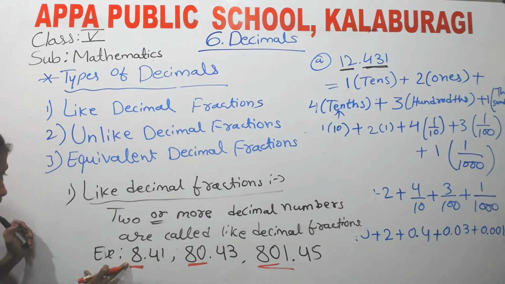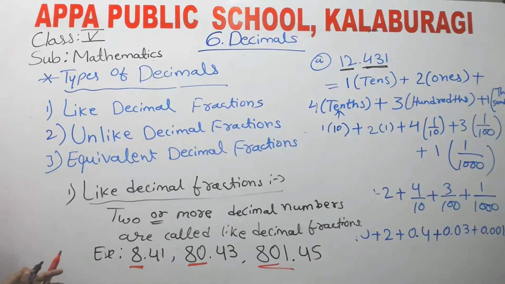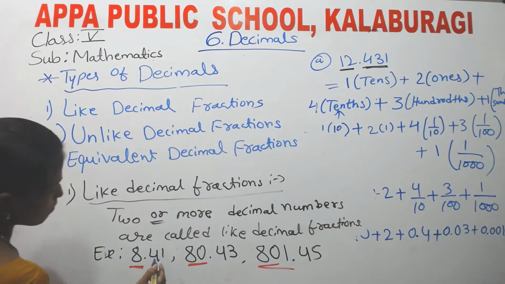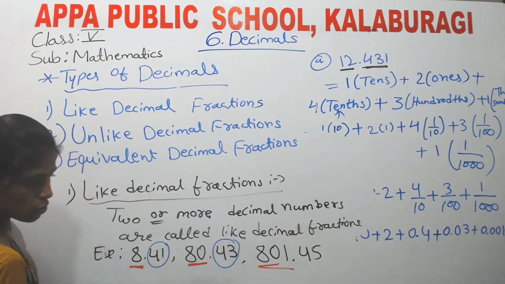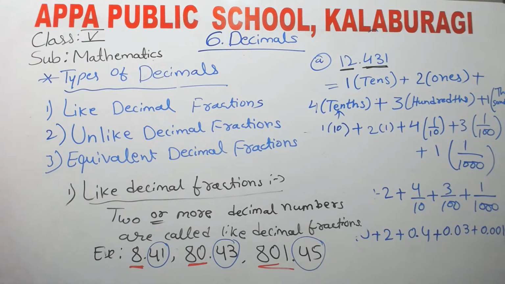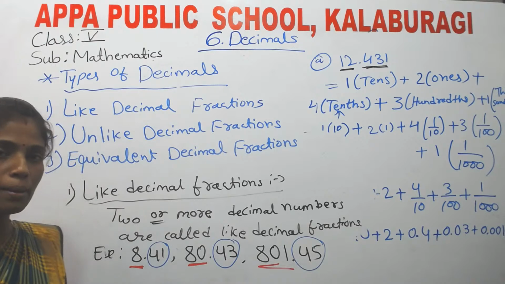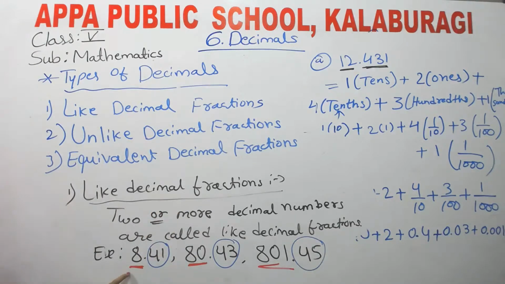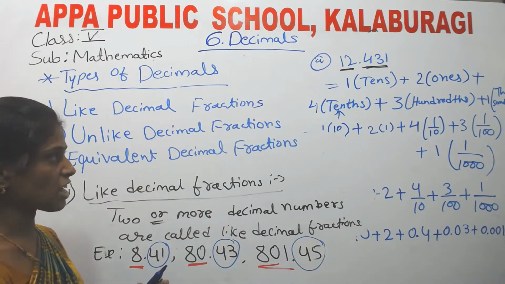Here is one digit and two digits, and here is three digits. After this, these decimal places: here are two digits, here also two digits, and here also two digits. Here the decimal places are equal in number. Equal numbers means two digits. And here the integral part changes. These are called like decimal fractions.